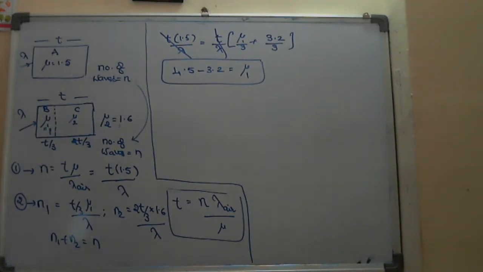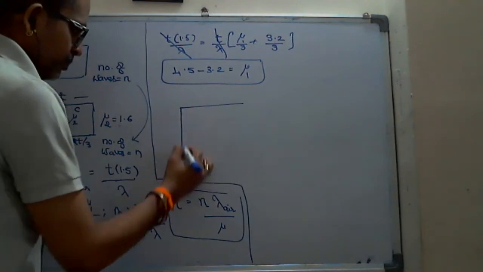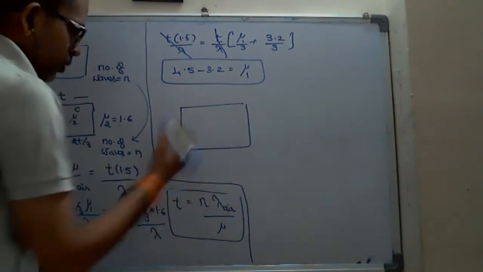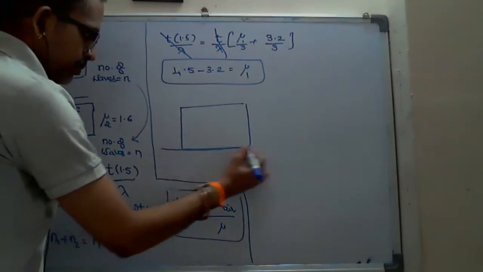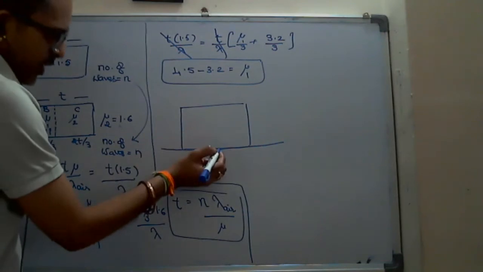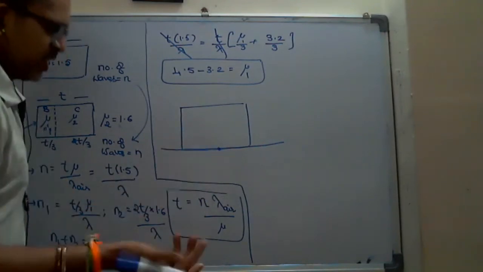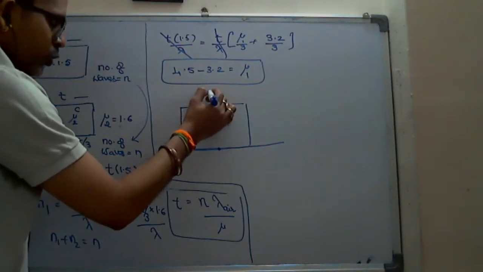And then the second model. Suppose this is one glass slab, placed on a paper. And there are a few letters or one dot, an ink dot, on the paper. You are seeing that from the top almost normally.